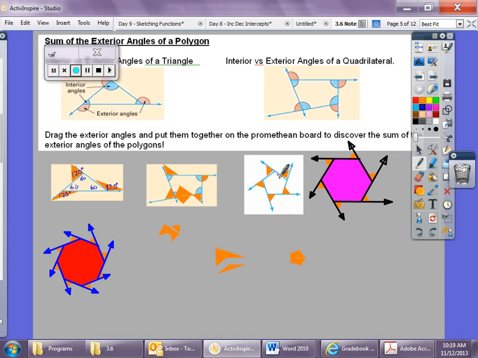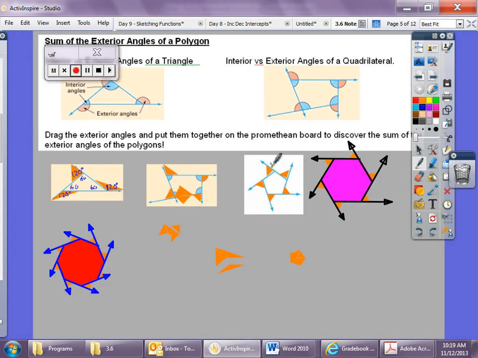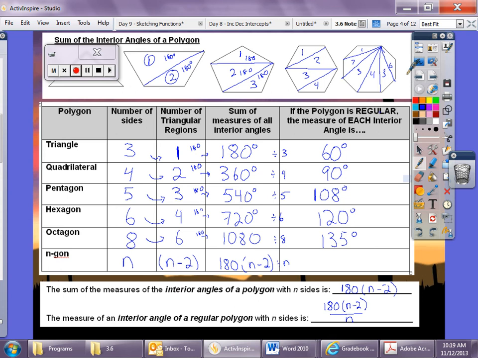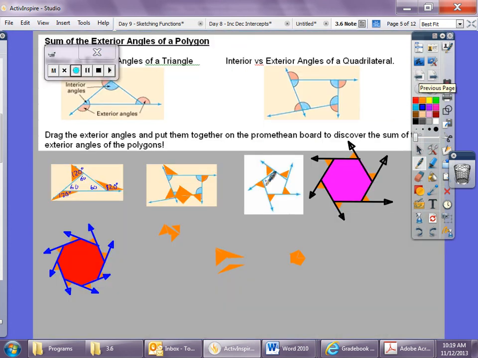We said each interior angle of a pentagon is 108. So if the interior is 108 degrees, the exterior angle has to be 72 degrees.